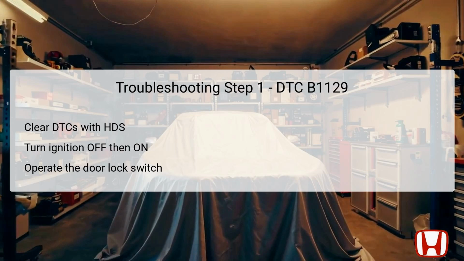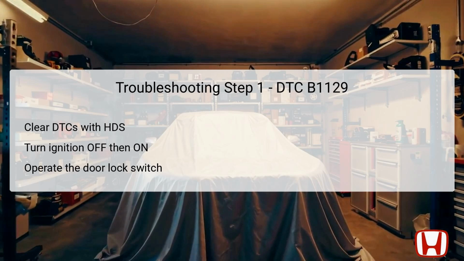The first step in troubleshooting DTC B1129 involves using the Honda Diagnostics System, HDS, to clear the diagnostic trouble codes. After clearing, ensure that the ignition switch is turned to lock 0 and then back to on 2. This cycle is essential to reset the vehicle's electronic systems.